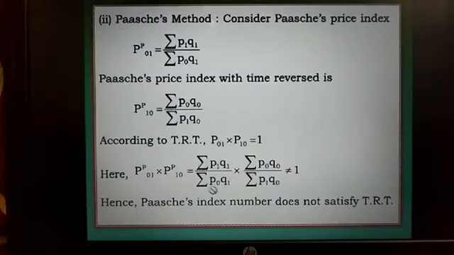Here also, if you observe students, these terms are not getting cancelled, so it is not resulting as 1. So P01 Paasche multiplied by P10 Paasche is not equal to 1, which means it is not satisfying TRT.